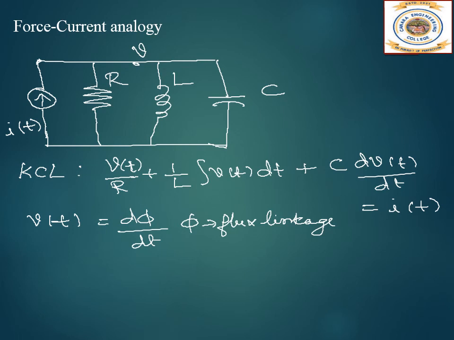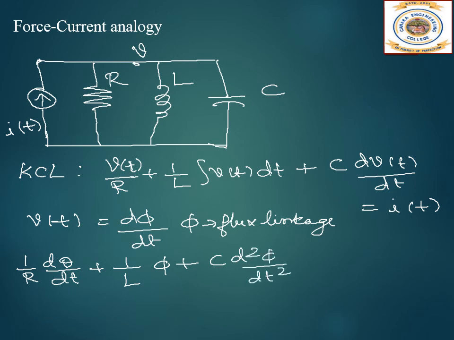So V of t is d phi by dt. I can write it as 1 by R d phi by dt plus 1 by L into phi plus C into dV by dt. So it is C d square phi by dt square, equal to I of t.